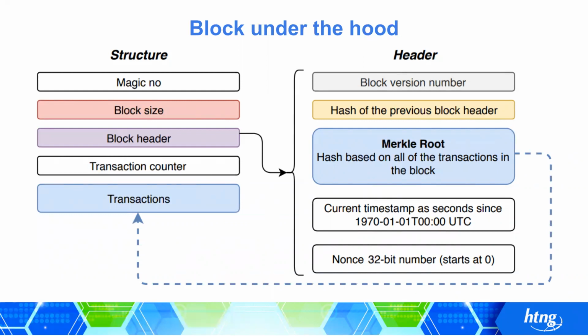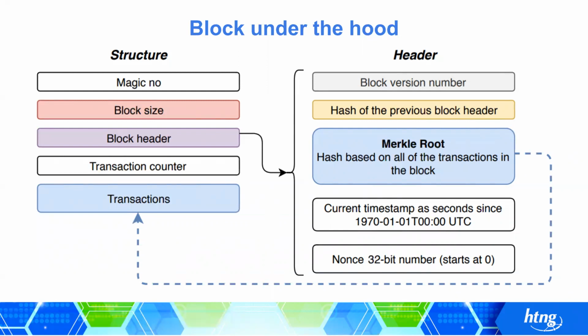It's for identifying the type of the data. It's from the computer science area. It can be a file or data structure or another identifier for the data. After that, on the second line, we can see the block size, block header, transaction counter, and transactions list.